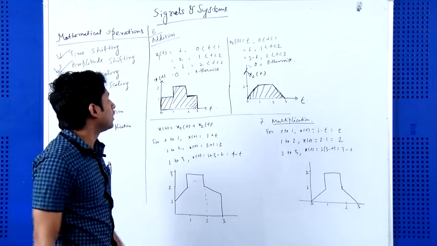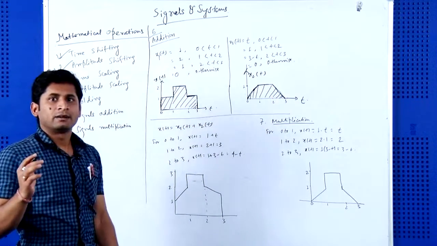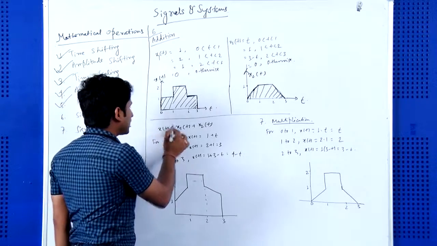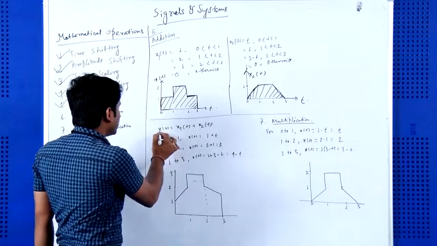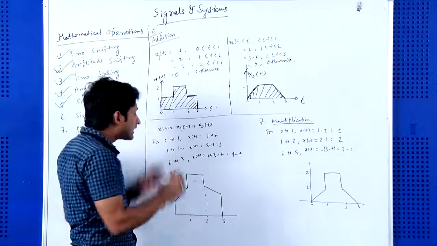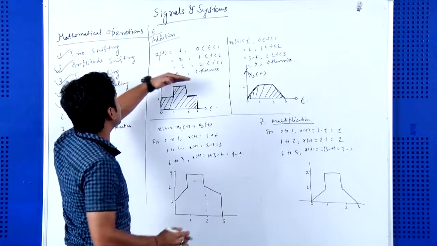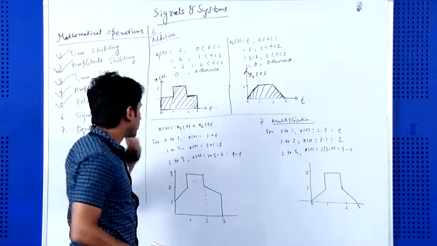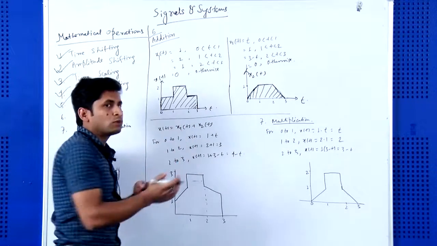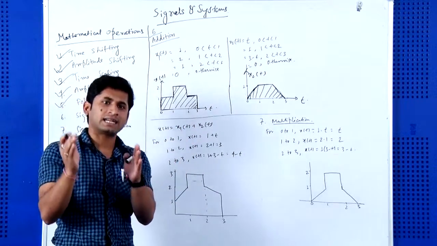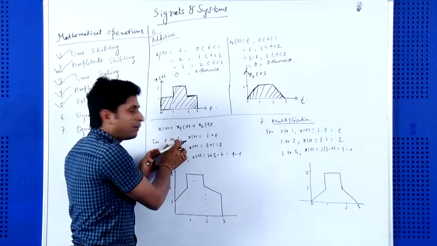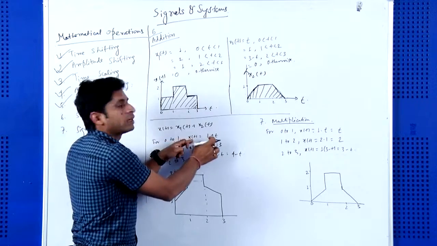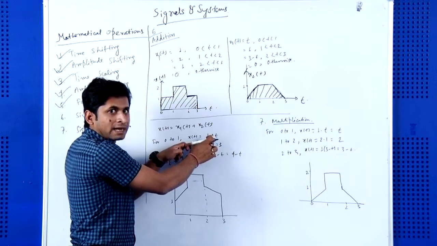Now I want to find x1(t) plus x2(t). Let us consider x(t) is equal to x1(t) plus x2(t). So I want to find x(t), which is the addition of the 2 given signals, x1(t) and x2(t). What we have to do is check each time limit, find the corresponding amplitude values, and add them.